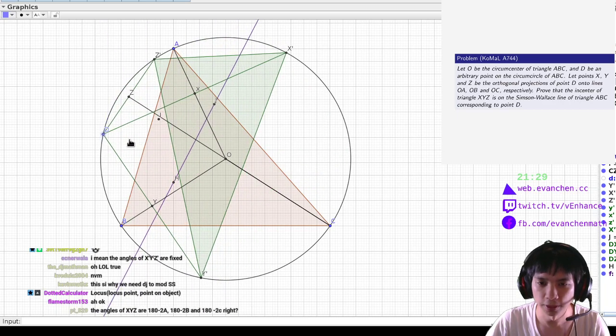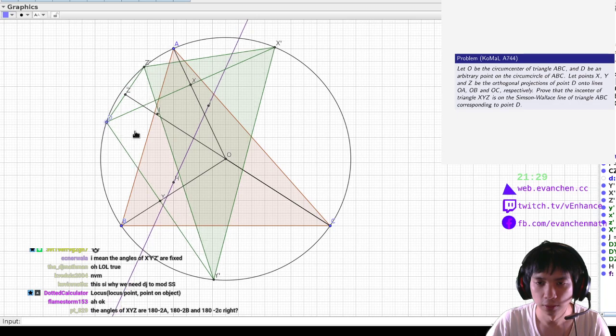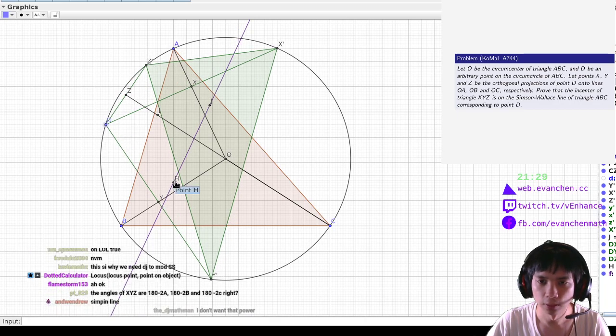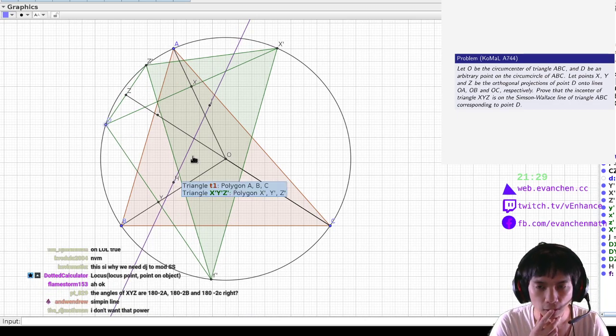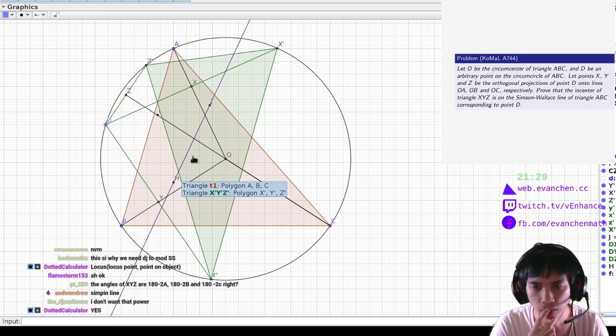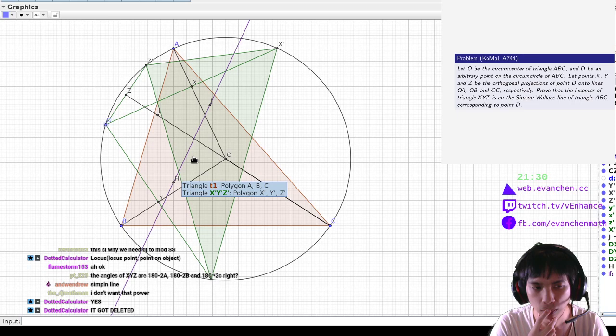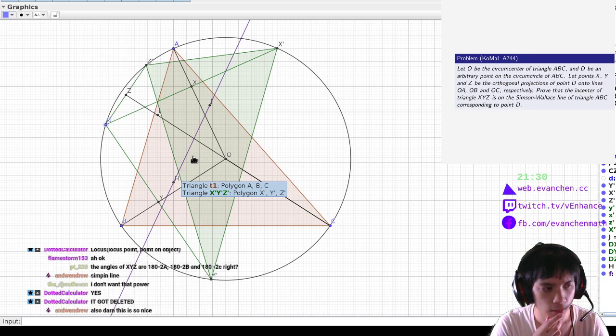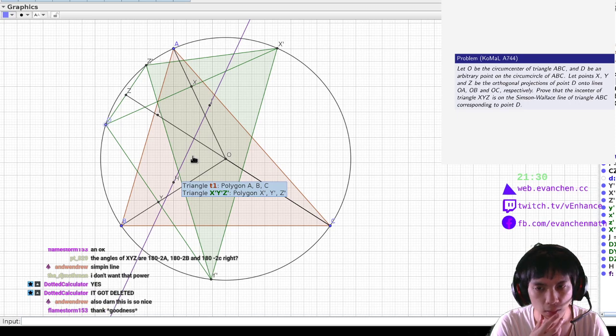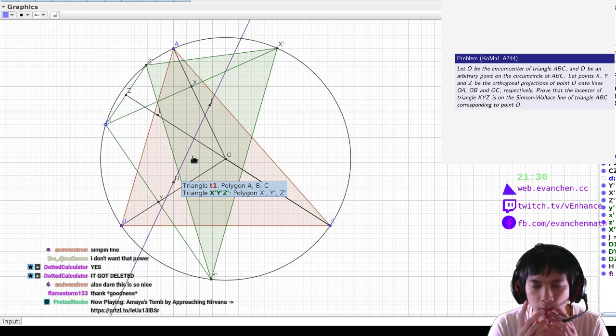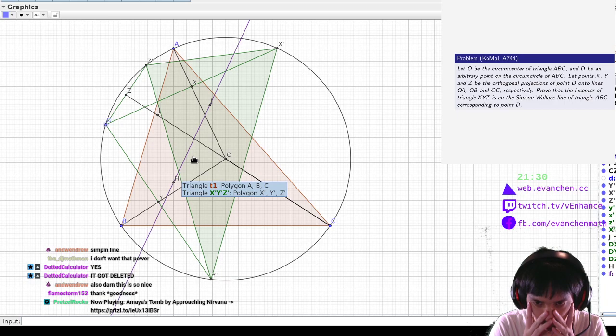So the second intersection is the orthocenter. Interesting. Okay, so it's actually radius OH.